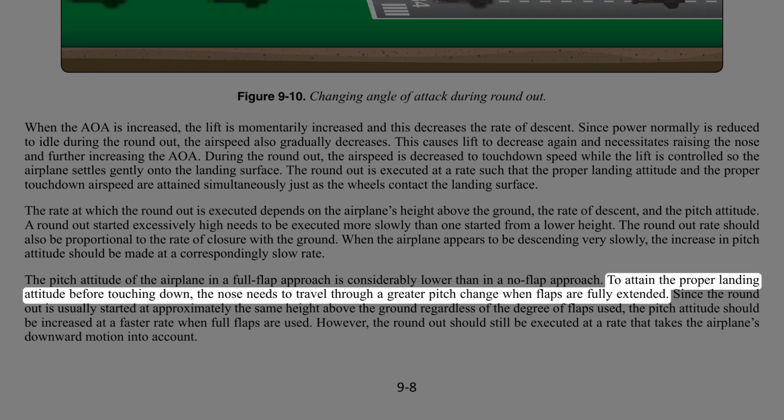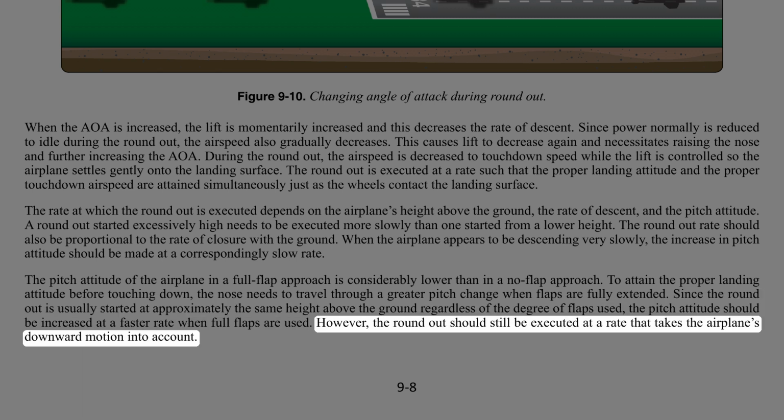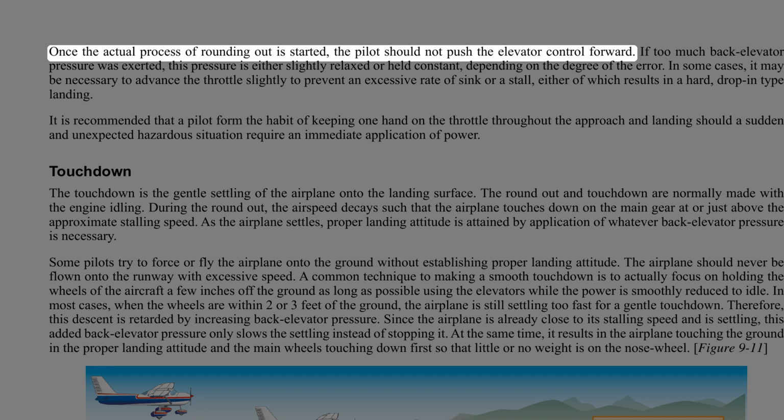To attain the proper landing attitude before touching down, the nose needs to travel through a greater pitch change when flaps are fully extended. Since the round out is usually started at approximately the same height above the ground regardless of the degree of flaps used, the pitch attitude should be increased at a faster rate when full flaps are used. However, the round out should still be executed at a rate that takes the airplane's downward motion into account. Once the actual process of rounding out is started, the pilot should not push the elevator control forward.